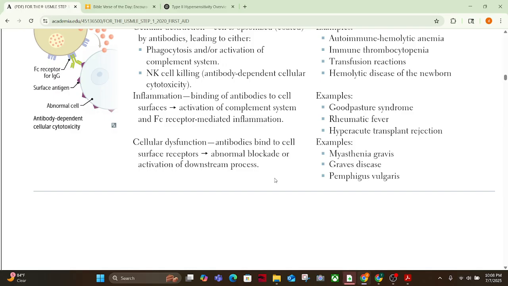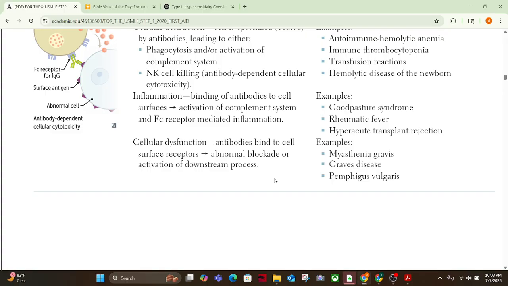So the body thinks these receptors on top of the cells are antigens, but it's actually the body's own tissue. So this cellular dysfunction is a dysfunction of the receptors leading to decreased or increased activation of receptors.